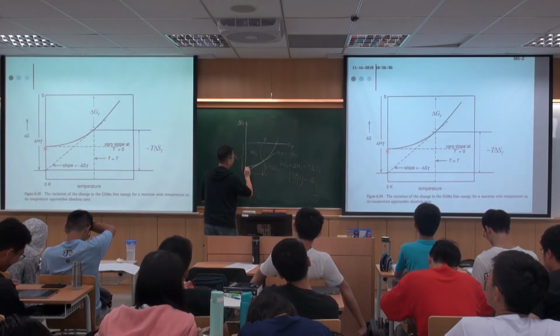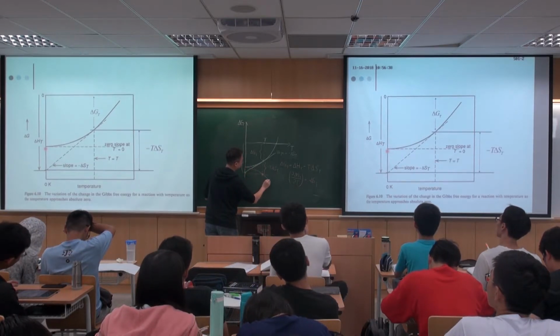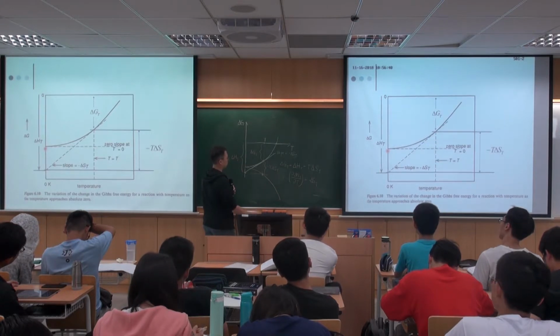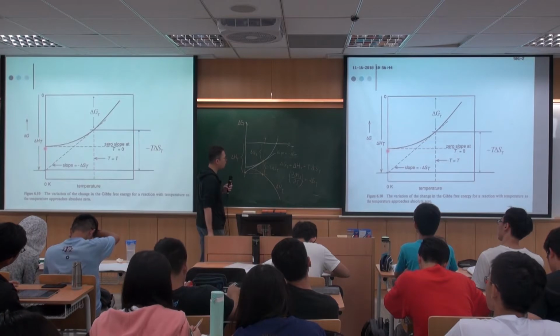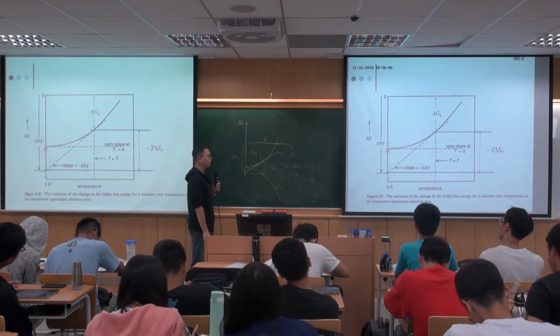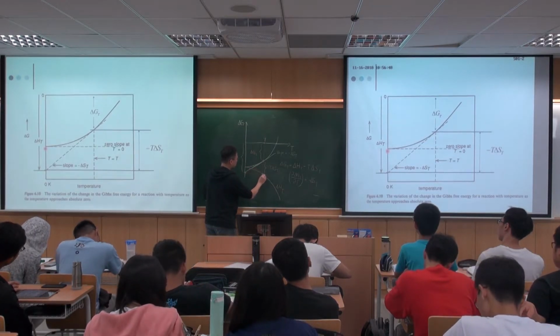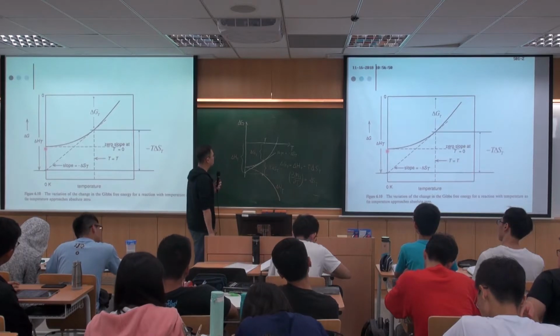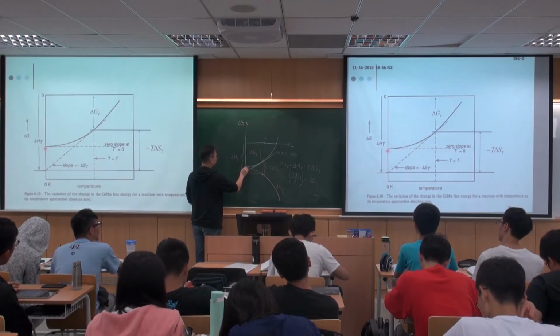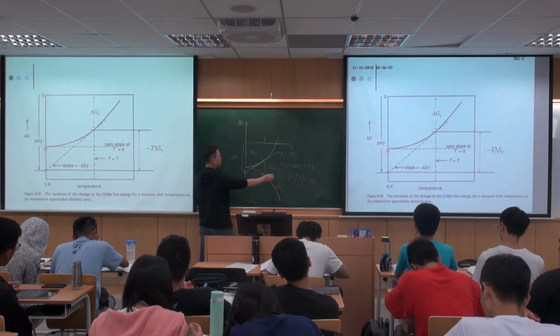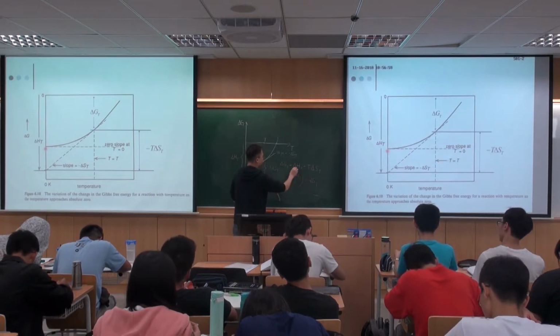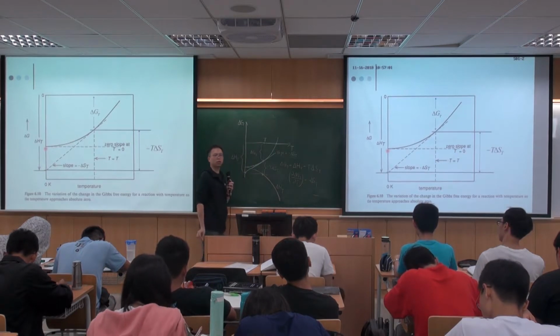So in fact, delta H(T) should follow this curve. So you have a delta H(T) going downward like this, and they all converge to this point, because at that point, when T is 0, delta H(T) should be the same as delta G(T).